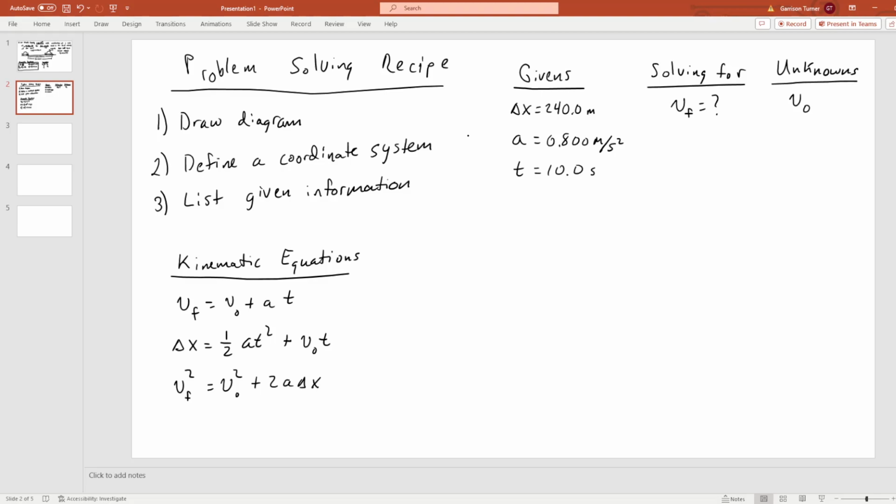So now the way forward, okay, is to look at your givens, and I'm going to try and color coordinate these. So here I have delta x amongst my givens, and I'm going to underline delta x in my kinematic formulas. Everywhere there's a delta x, I'm going to underline it, right?